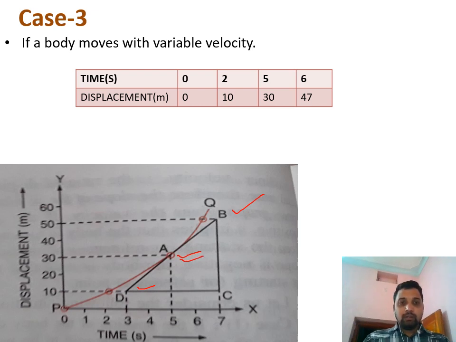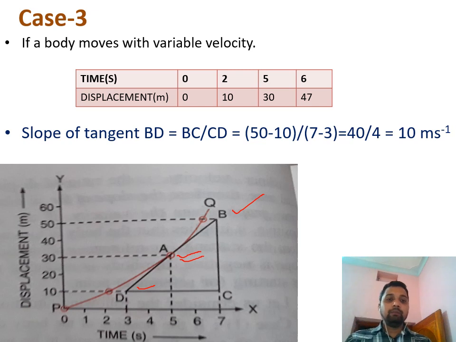So here to find the slope of tangent BD, it is equal to BC, the change in y-axis, over DC or CD, the change in x-axis.